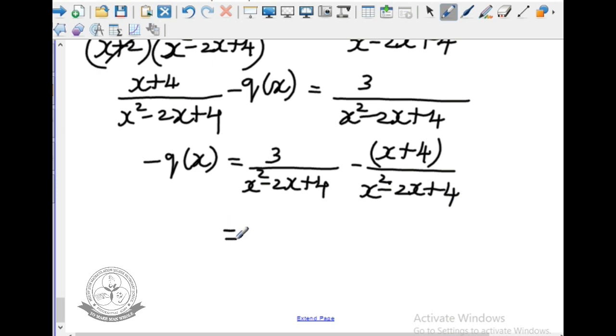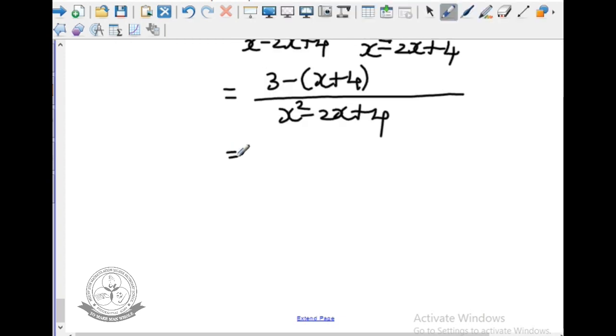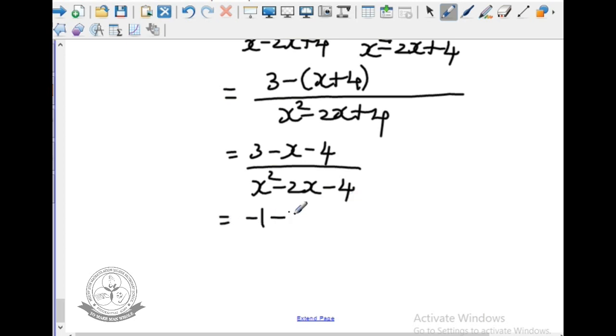The denominator is the same, so take the denominator and simplify the numerator: 3 minus x plus 4. Bring the negative sign inside the bracket, 3 minus x minus 4 divided by x squared minus 2x plus 4. 3 minus 4 is minus 1, minus x, whole divided by x squared minus 2x plus 4.